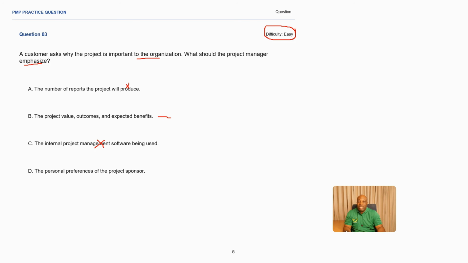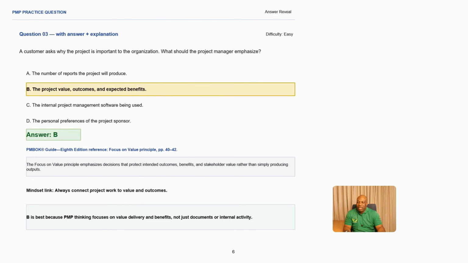They are done to add value to the organization. So eliminating this one, making B the best answer in this scenario. So what the project manager is supposed to emphasize is the project value. Okay, this is very important. The project outcome and expected benefits. So once this is explained to the customer, they should be able to understand why the project is being undertaken.